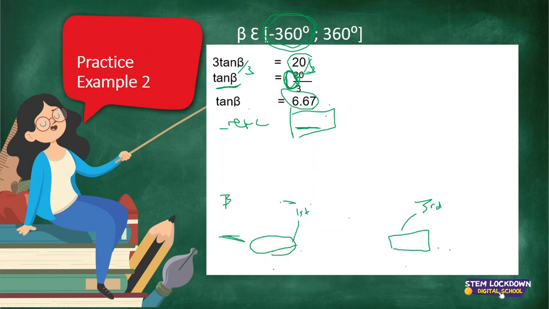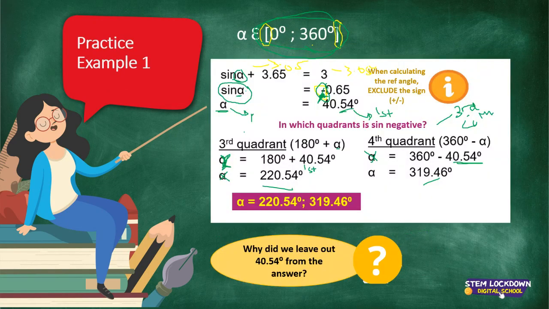Practice example number 1 in an exam would carry 3 to 4 marks. We're marking your method. First, your recognition that this is a reference point is a mark, even if your number wouldn't be correct. Number 2, the recognition of what quadrants your numbers are negative in is another mark.